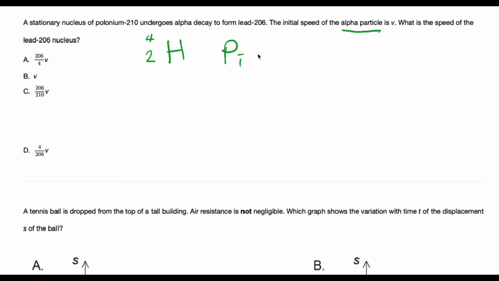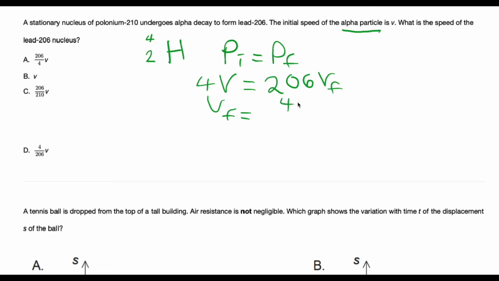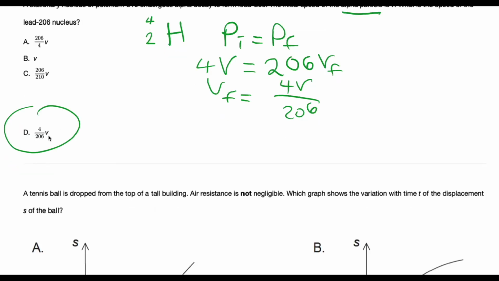So a mass of 4 times its velocity V is gonna be equal to the final momentum, so a mass of 206 times the final velocity. So VF is gonna be equal to 4V over 206. So D is the answer.